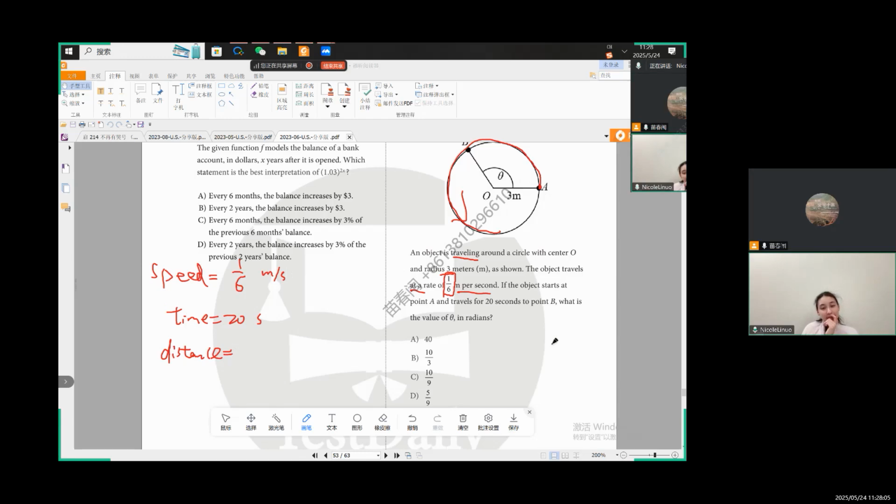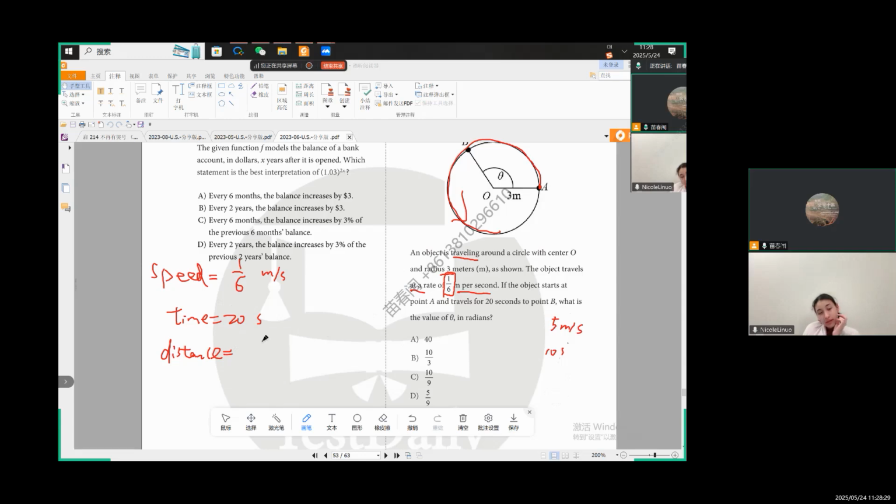For example, your speed is 5 meters per second. You go for 10 seconds. How far do you go? 50? Yeah, so it's times, right? You said speed over time.